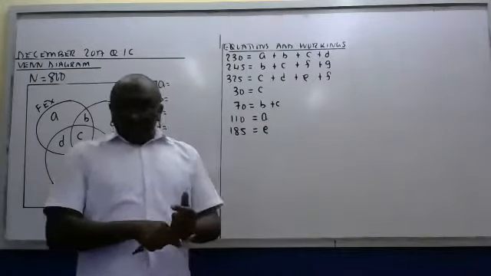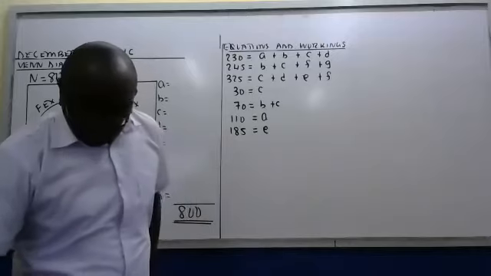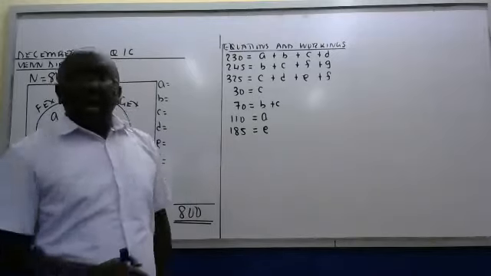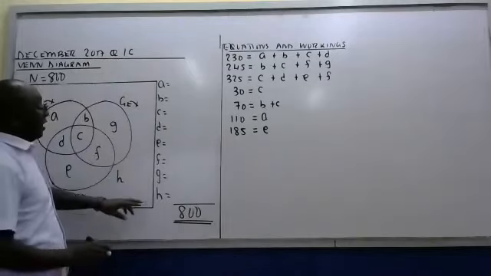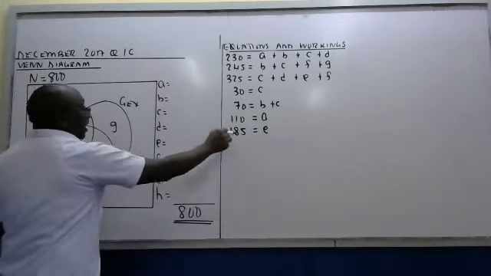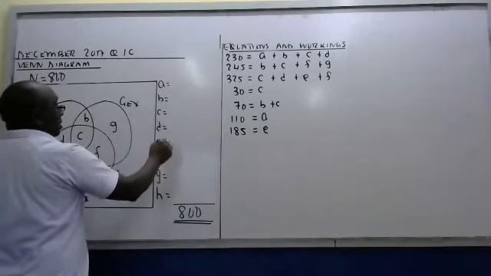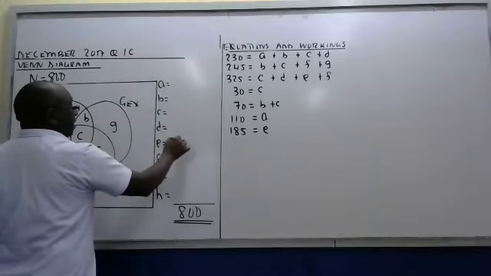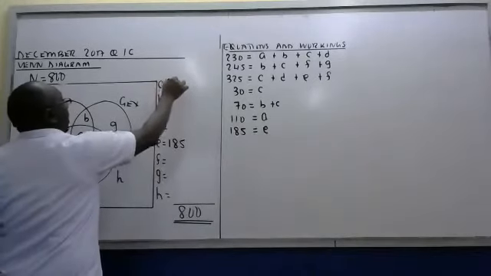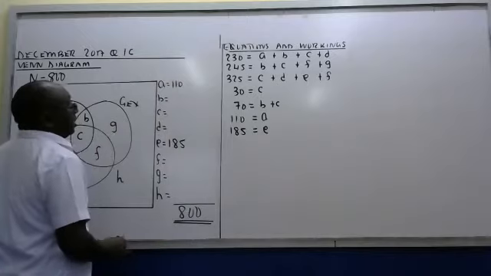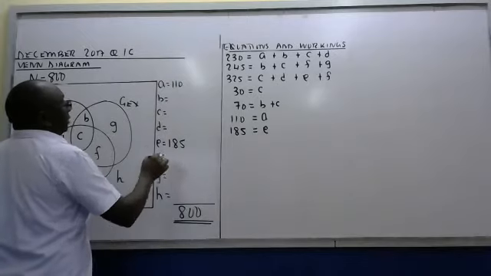So with that now, we are able to solve a few of them. So quickly, let's allocate these ones that we already know. E is 185 here. A is 110. C is 30.